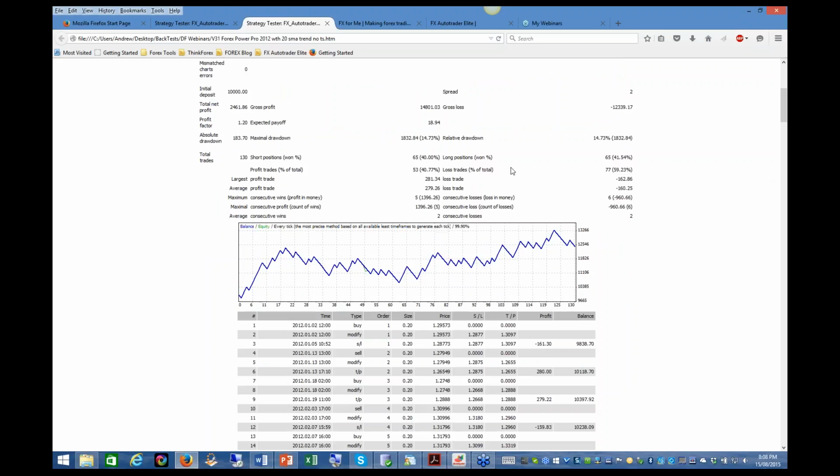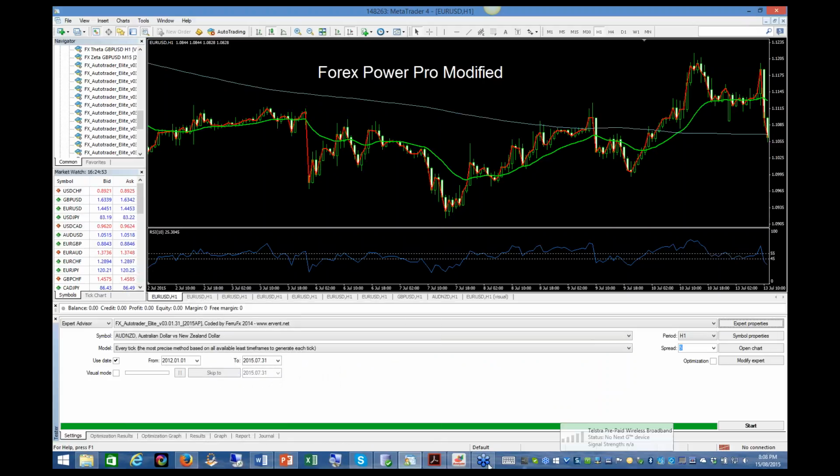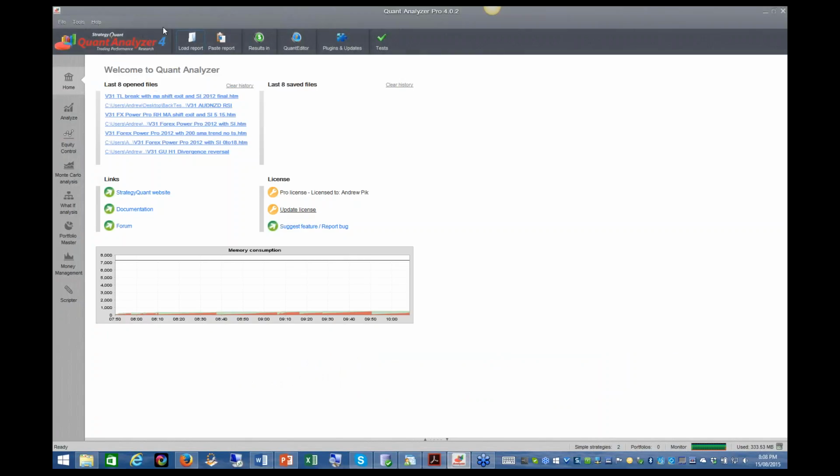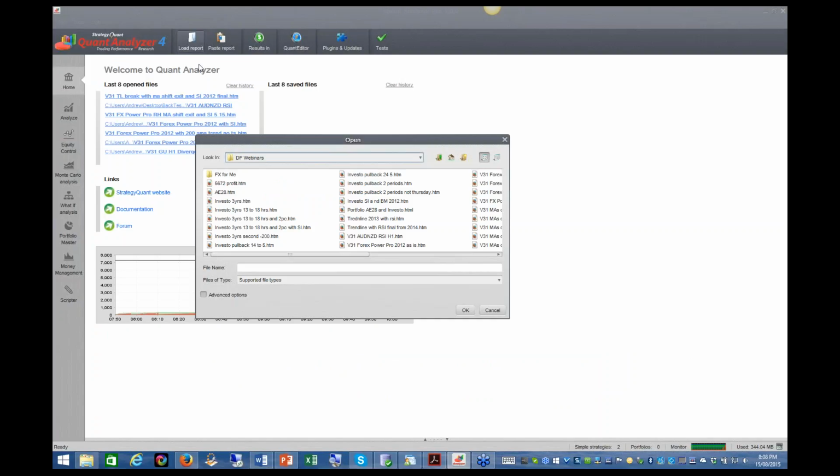That's useful information, but to me, that is not as useful as you can get. So once I save that report, I can load it into my analyzer, and let me find my Forex Power Pro, and I think that's the one that I want.